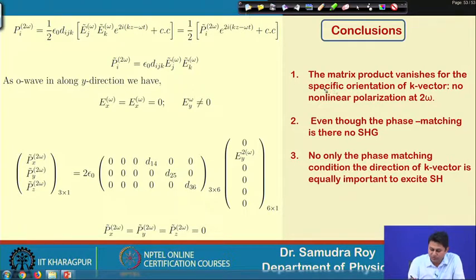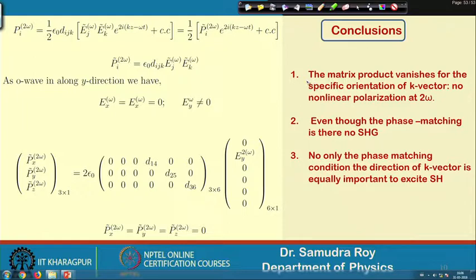So, the matrix product here, what conclusion do we have? Let us check. The matrix product vanishes for this specific orientation of the k vector, so there is no nonlinear polarization at 2 omega. Since the k is in the x-z plane, as I mentioned, the matrix product is 0 here. So, P x, P y, P z is 0, and no 2 omega generation is possible. But you should note that the phase matching is still there.